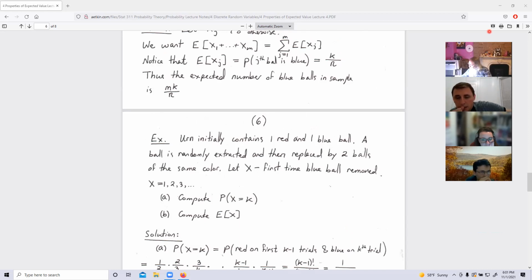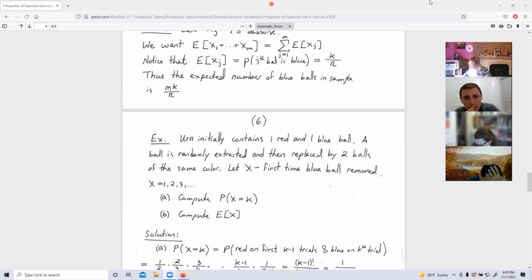What's the expected moment when I remove the blue ball? Not the probability, expected number of withdrawals.